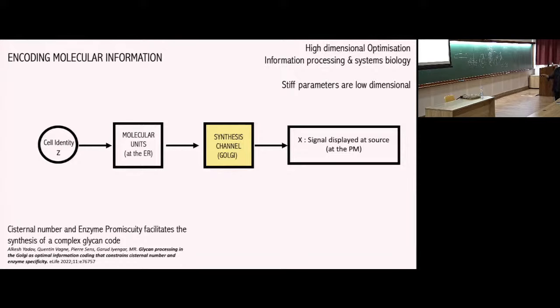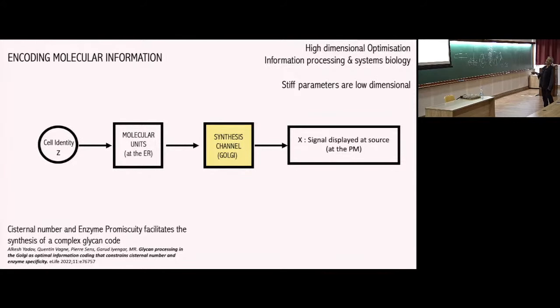Each cell type gives rise to a set of molecular units, which are these processed proteins that are synthesized in the ER. This then goes through a synthesis channel, the glycan synthesis channel, which is the Golgi. And finally, what you get is a signal that is displayed at the source, namely the plasma membrane. Okay? So this is the kind of information channel that gives rise to a molecular encoding.